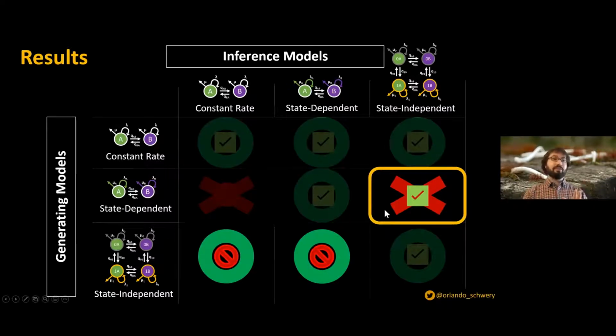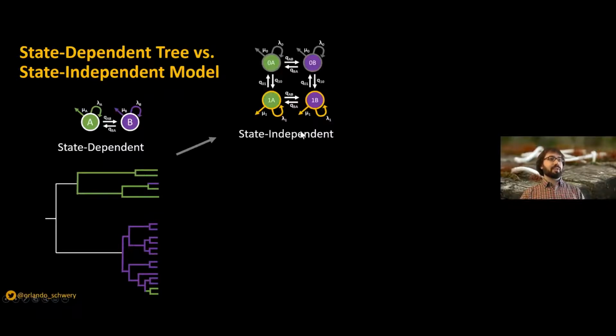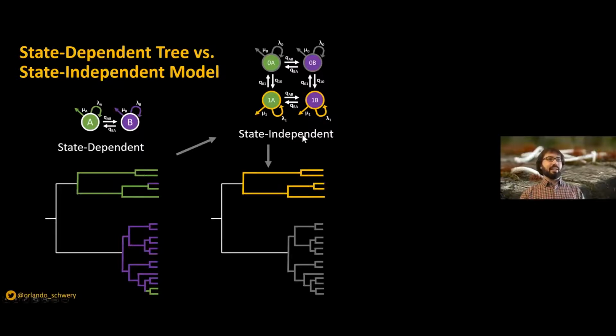Let's start off with this case here. So the idea was that the models are nested. So if we have a tree that was made under a state-dependent model, would be having a higher rate, and we feed this tree to the independent model, we would possibly expect that the state-independent model will catch those two different rate categories, right?